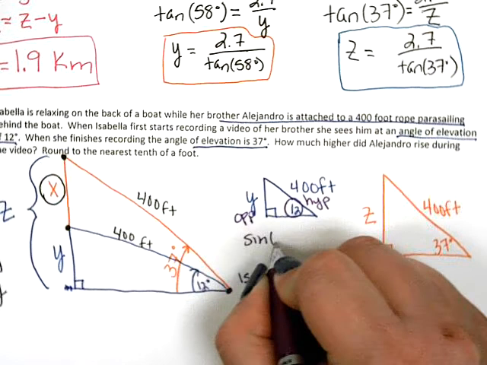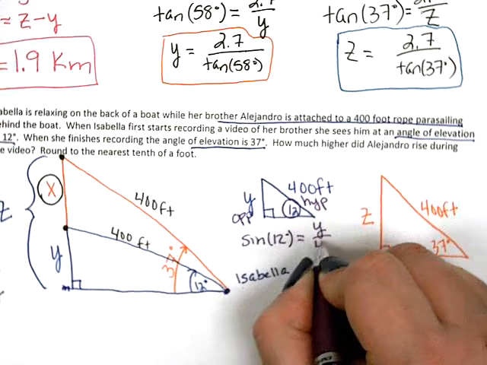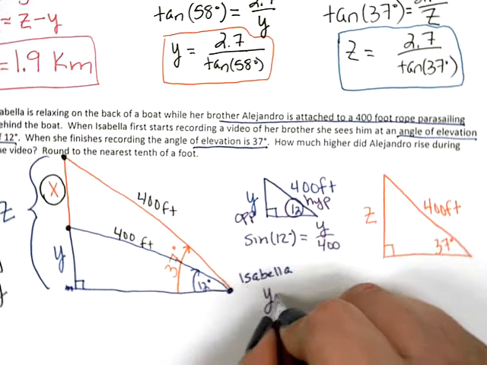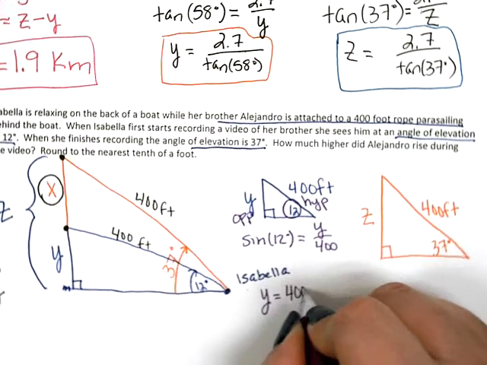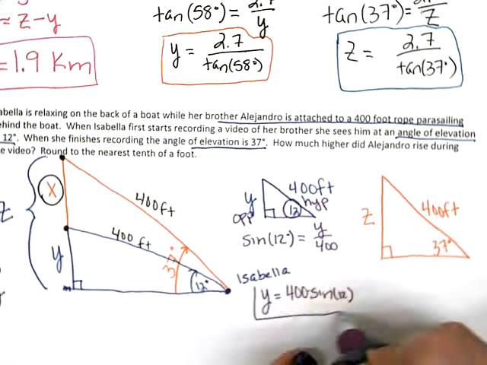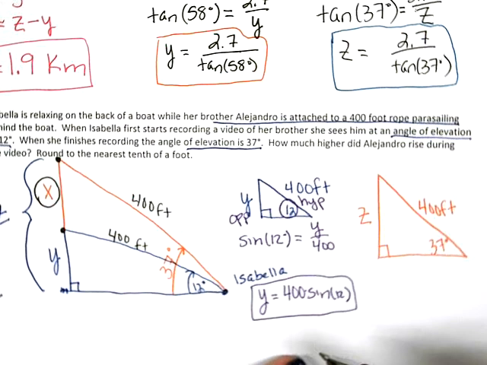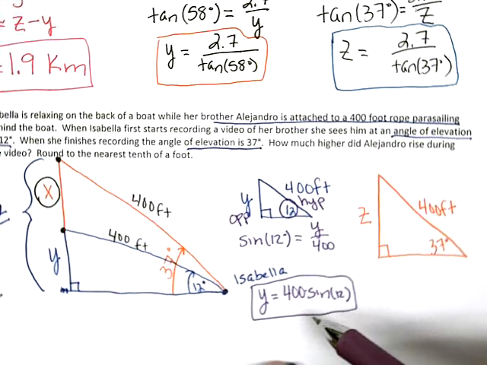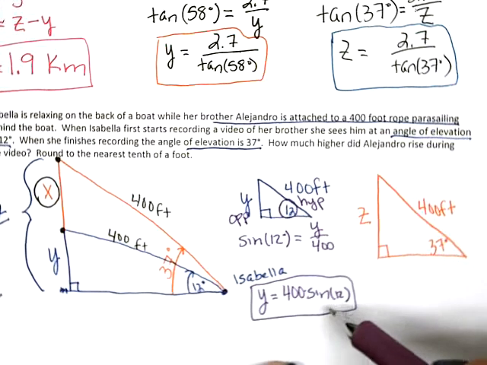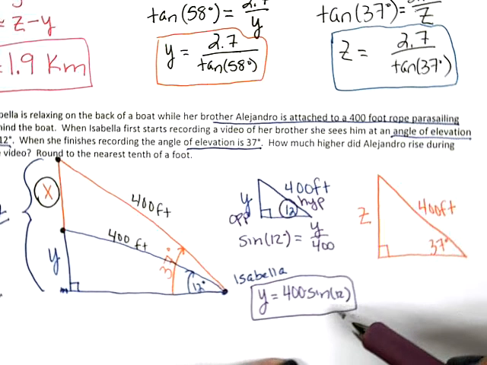So the sine of 12 degrees is going to equal y over 400. So y is going to equal 400 times the sine of 12. That's his starting height then. So whatever height he was at when she first started recording, it was 400 sine of 12. We could get a decimal, but again, I don't want to round until the end.